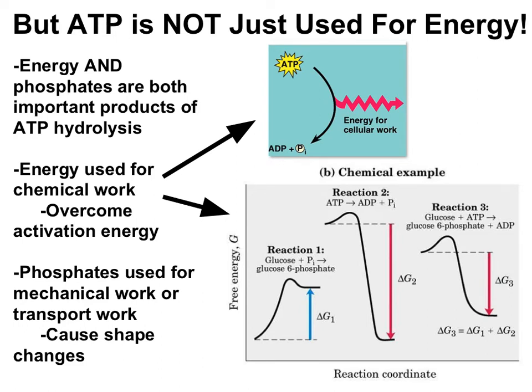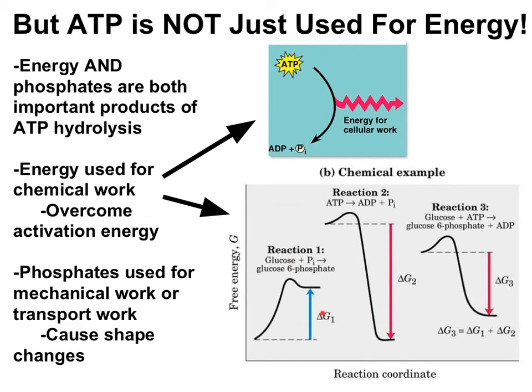For example, this reaction shows a really large and negative delta G for the exergonic reaction of ATP hydrolysis. All of this energy that's released is used to drive this other reaction over here and overcome this activation energy. This reaction that's right here is the phosphorylation of glucose to glucose 6-phosphate.